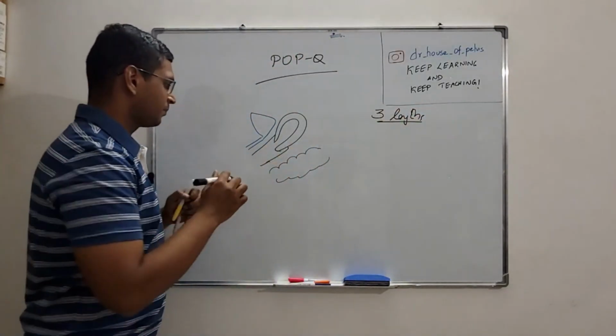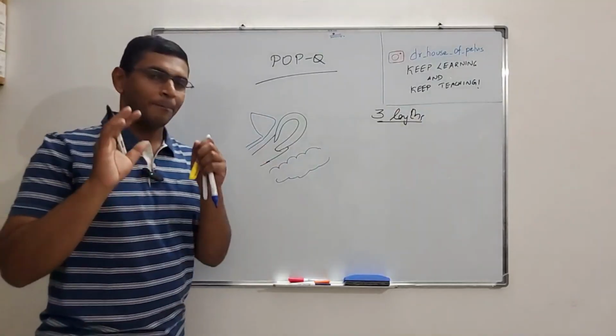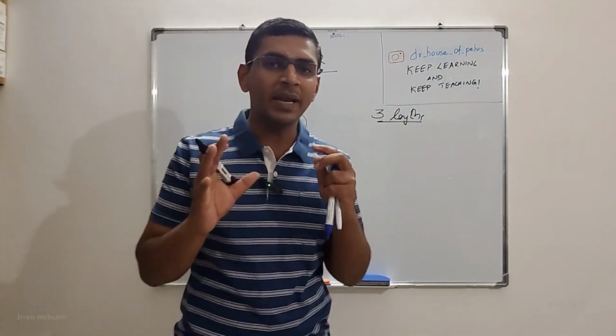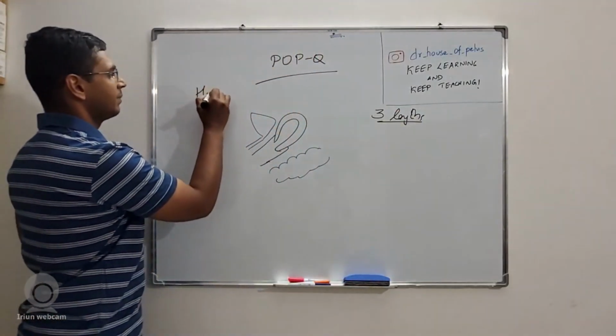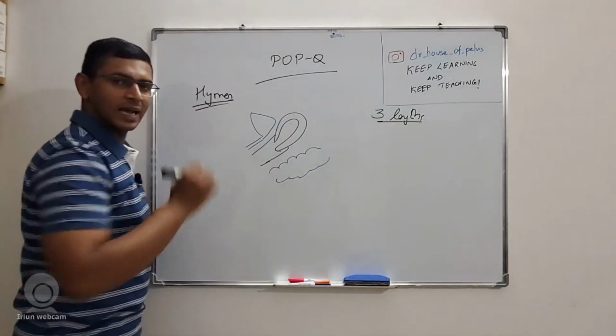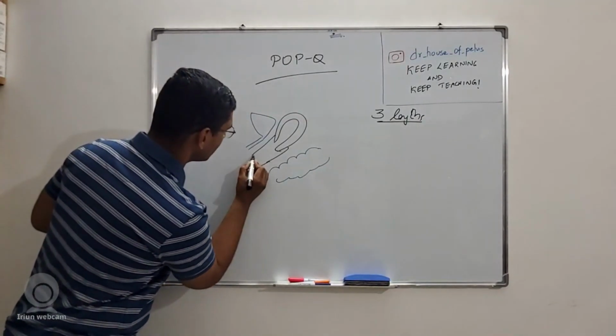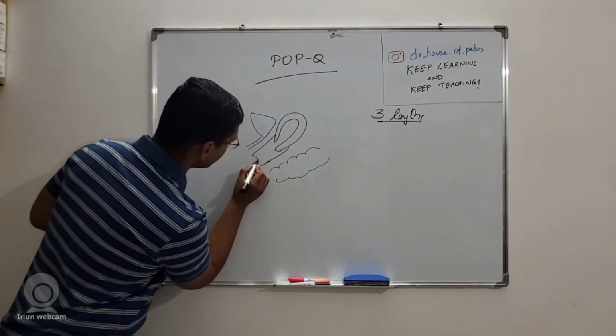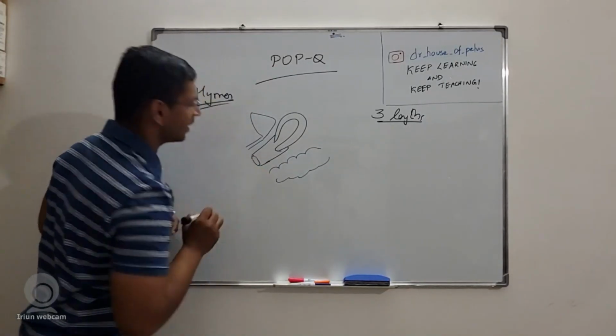First, to start with, we need to know that the POP classification is completely based on a structure called the hymen. Where is this hymen located? The hymen is located just below, a hymenal ring that will be there 360 degrees across the vaginal wall.